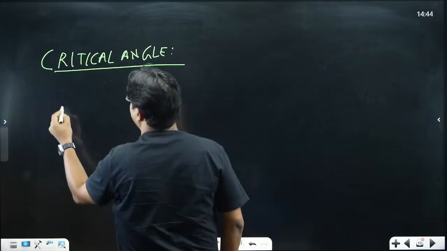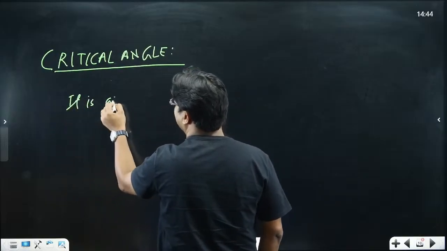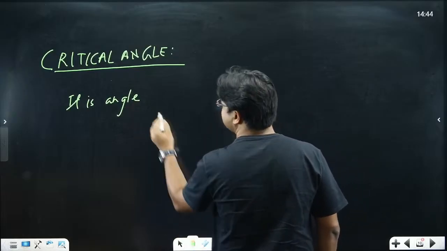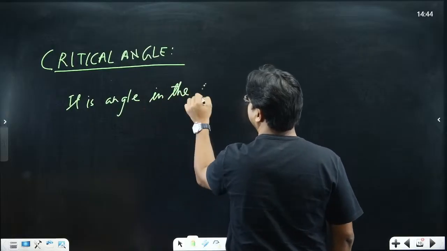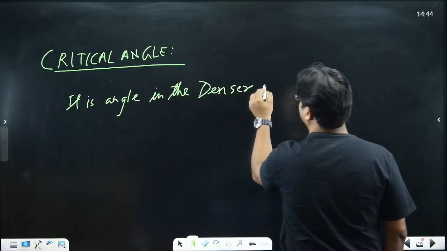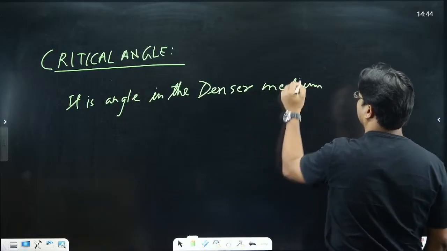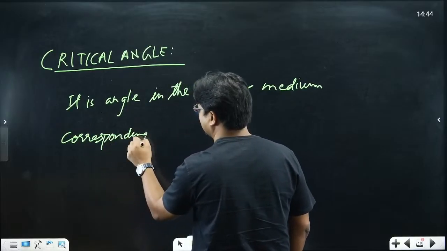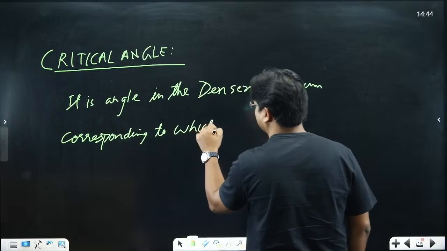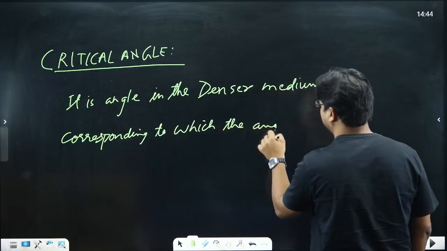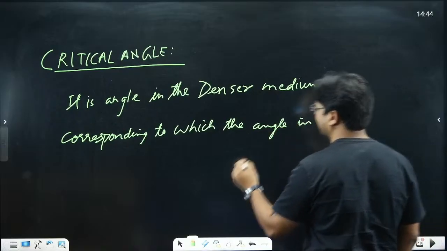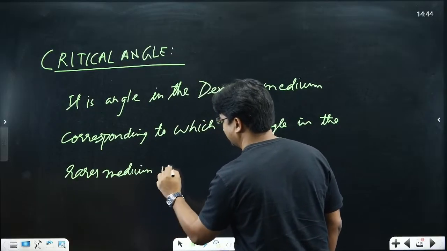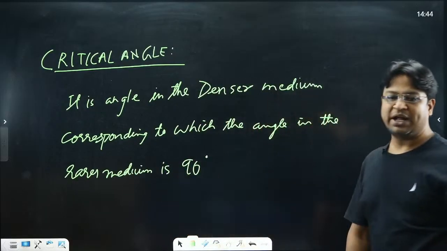We can say that it is the angle in the denser medium corresponding to which the angle in the rarer medium is 90 degree.